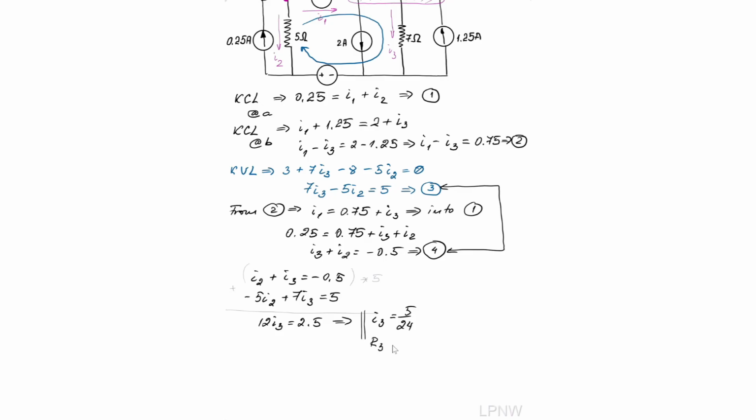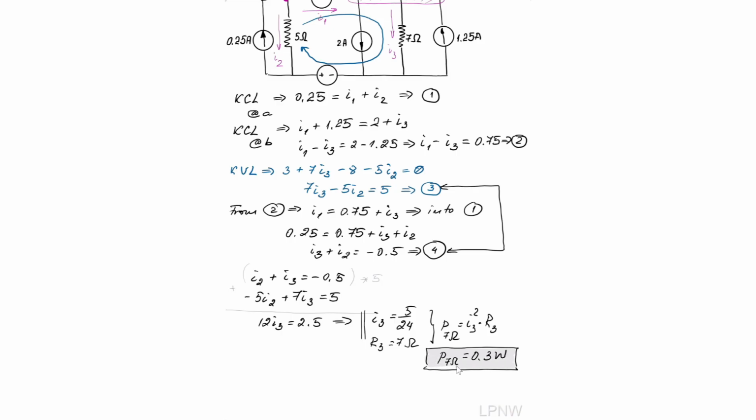The power is going to be I3 squared multiplied by R3. This calculation gives me 0.3 watt. So here I go with the first answer for the 7 ohm resistor.